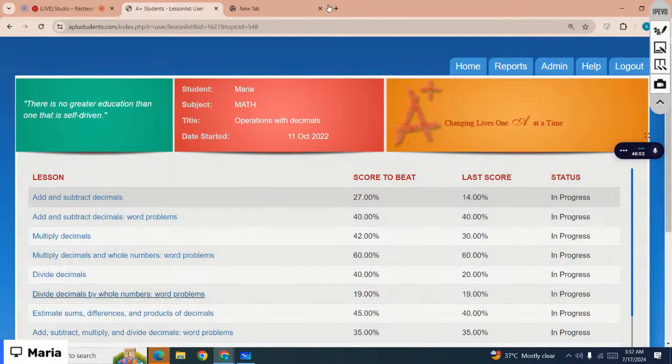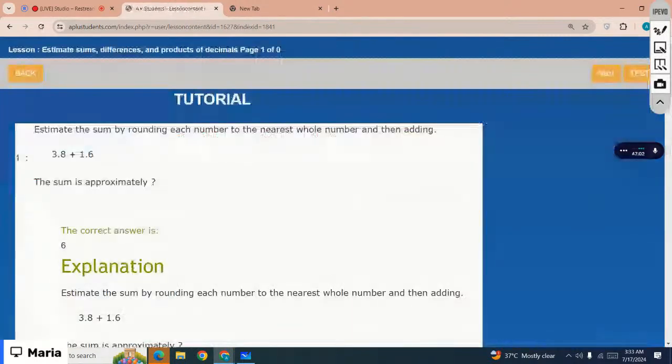The next lesson is divide decimals by whole number. You have to do the word problems on your own, right? The next one is estimate sums, differences, and products of decimals. Let's just start with the next lesson.